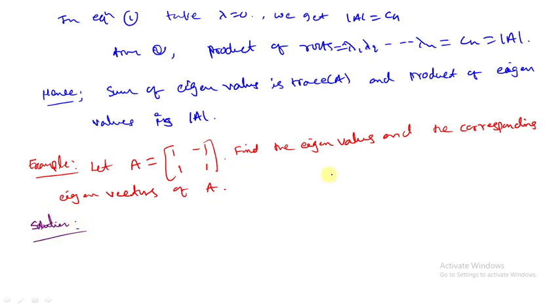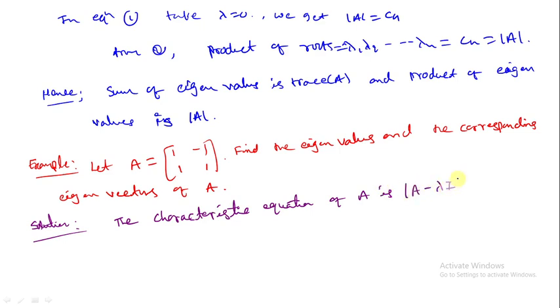To find the eigenvalues, we find the roots of the characteristic equation. First write the characteristic equation of A: determinant of A minus lambda I is equal to 0.